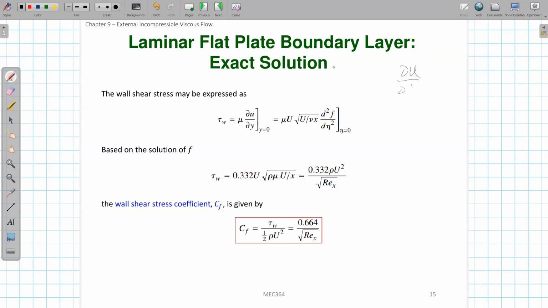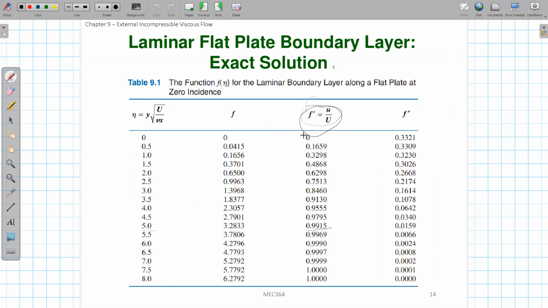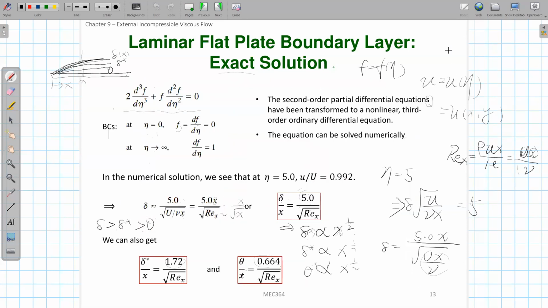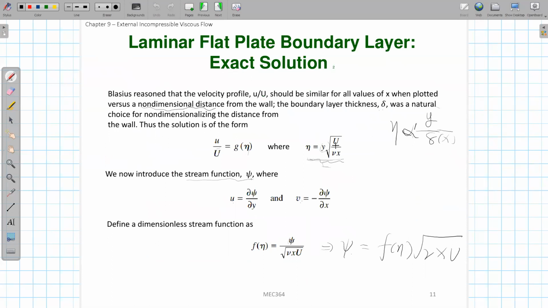Partial u partial y will be equal to partial u partial eta times partial eta partial y. This partial u partial eta, you get from f prime here. And this partial eta partial y, you get from the definition of eta. Partial eta partial y will be square root of U over nu x.